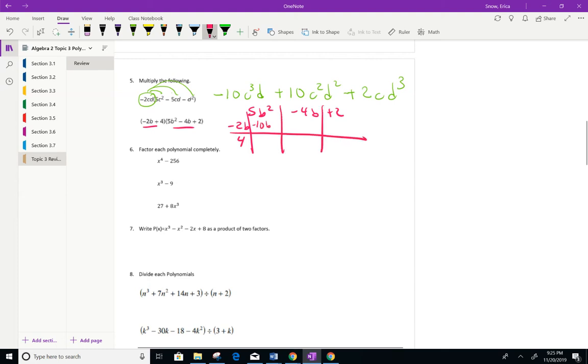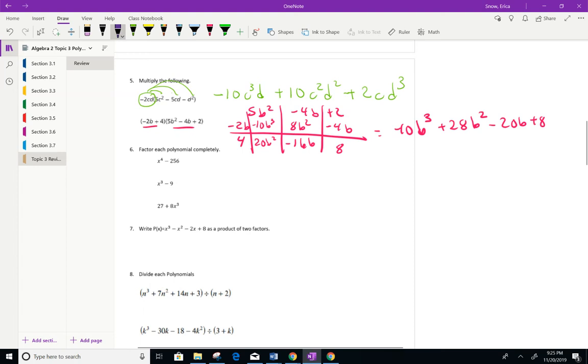So we get negative 10b cubed, 8b squared, negative 4b, and 20b squared, negative 16b, and 8. And so that gives us negative 10b cubed plus 28b squared minus 20b plus 8 as our final answer.